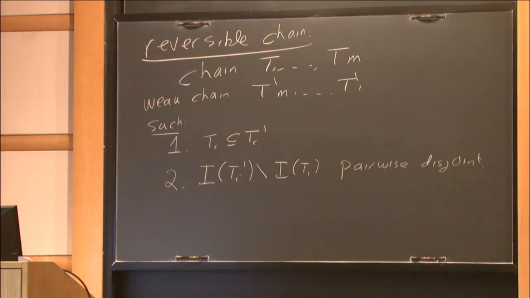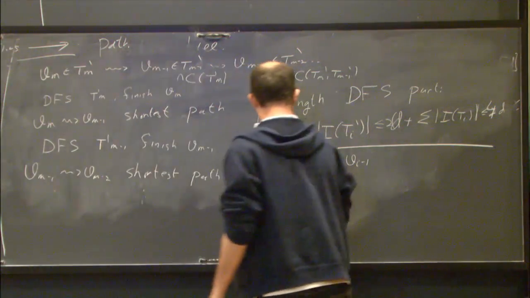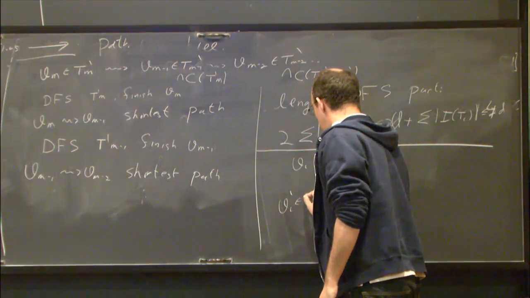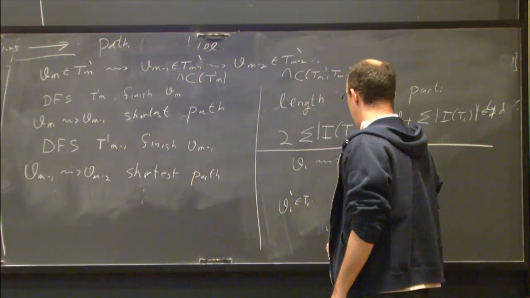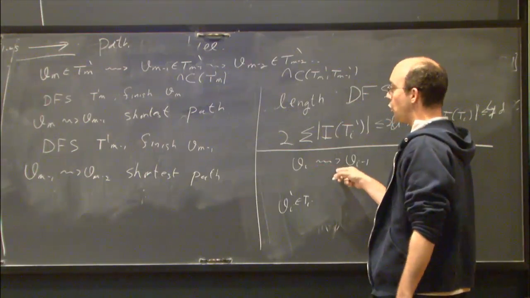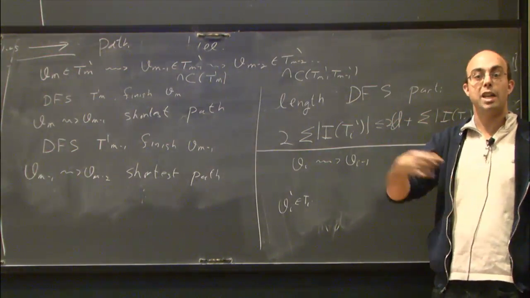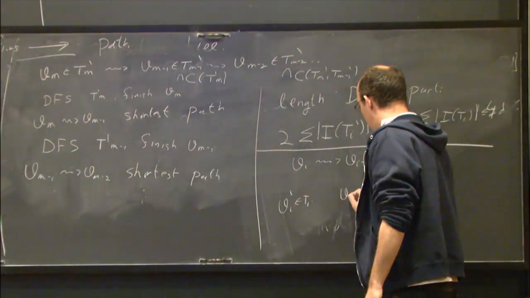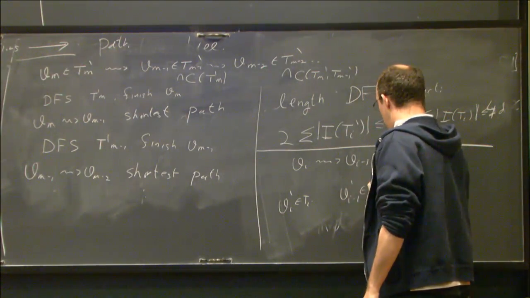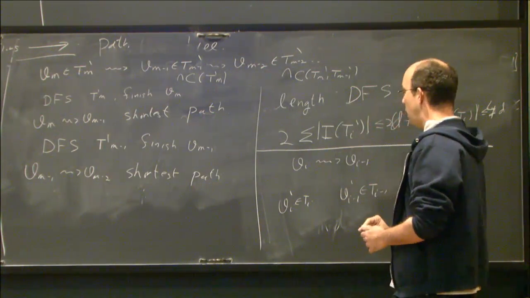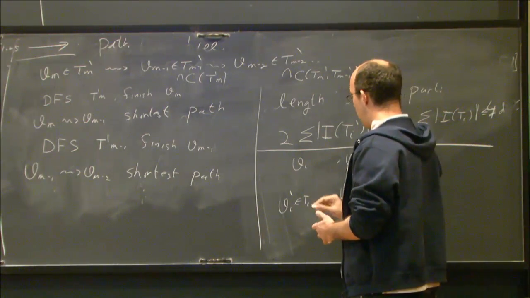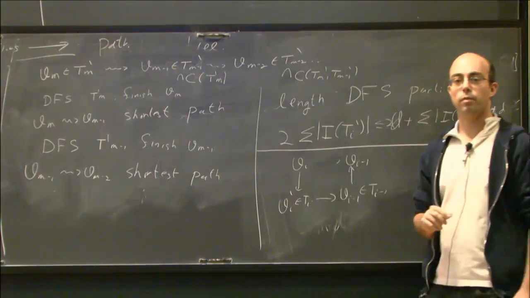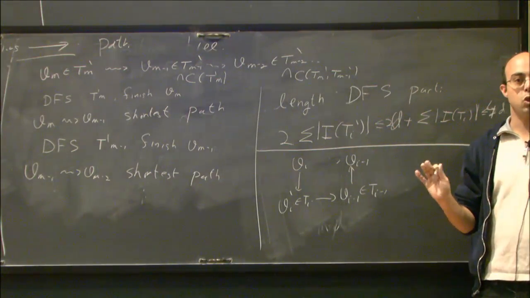One way to get a path is to choose Vi prime in Ti. Now remember, this shortest path doesn't have to be sensitive. It's just any path, right? So we can forget about sensitivity. And we choose some Vi minus 1 prime in Ti minus 1. And instead of going here, we're going to go like that, right? And now I'm sure this is a short path.